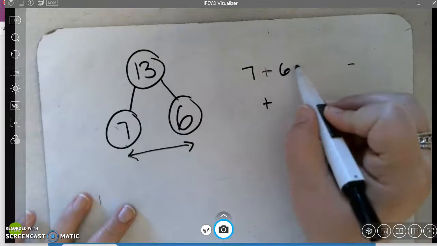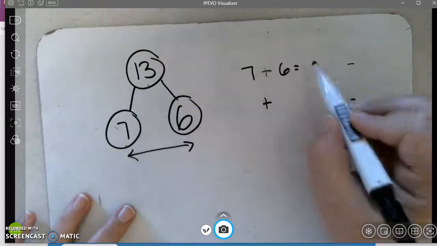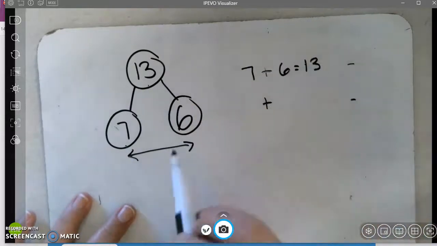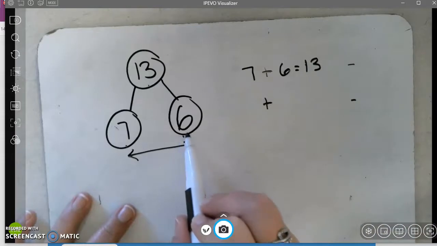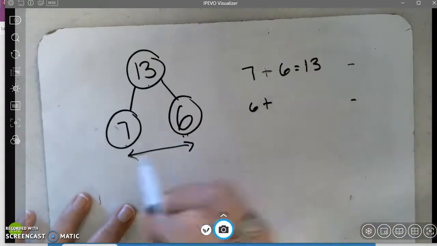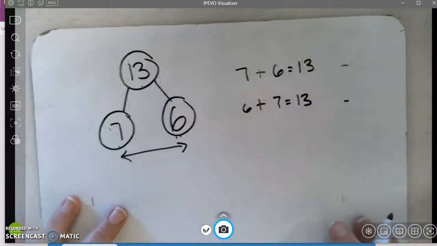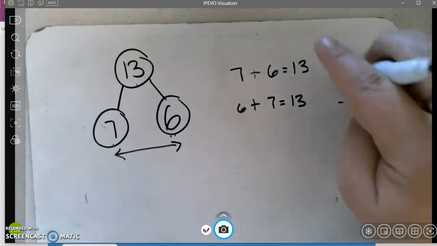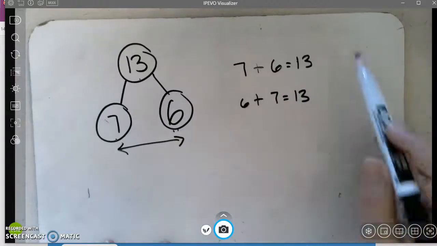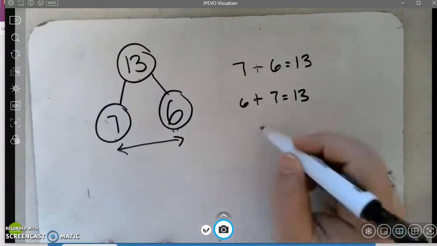So I'll start here because I go this way because I read this way. 7 plus 6 equals my whole number. It equals 13. Now I have to go the other way. 6 plus 7 equals 13. I don't have enough room to write my subtraction problems over there, so I'm going to write them just underneath here.